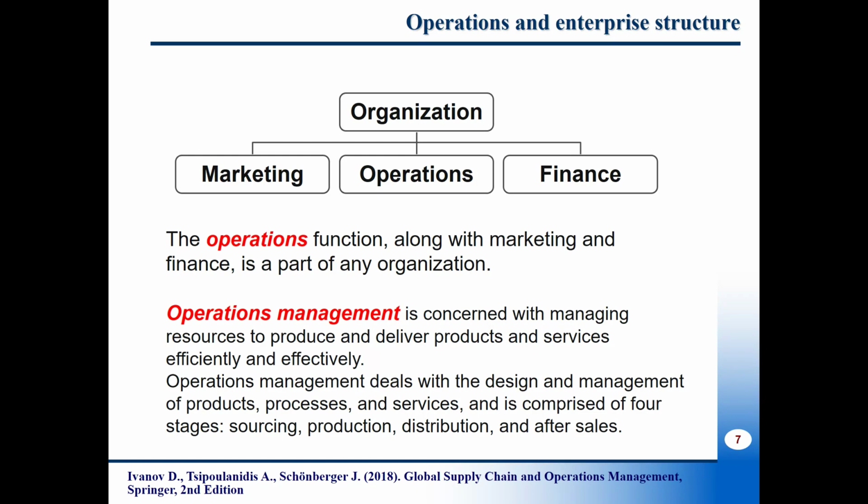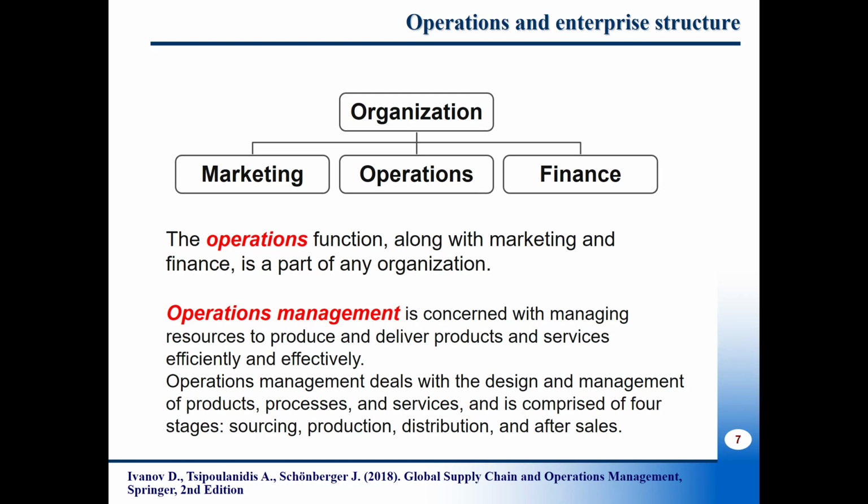And activities in operations range from design and management of products, processes, and services. It comprises four stages: sourcing, meaning how to acquire raw materials from external sources; production, meaning to convert the raw materials into final products.